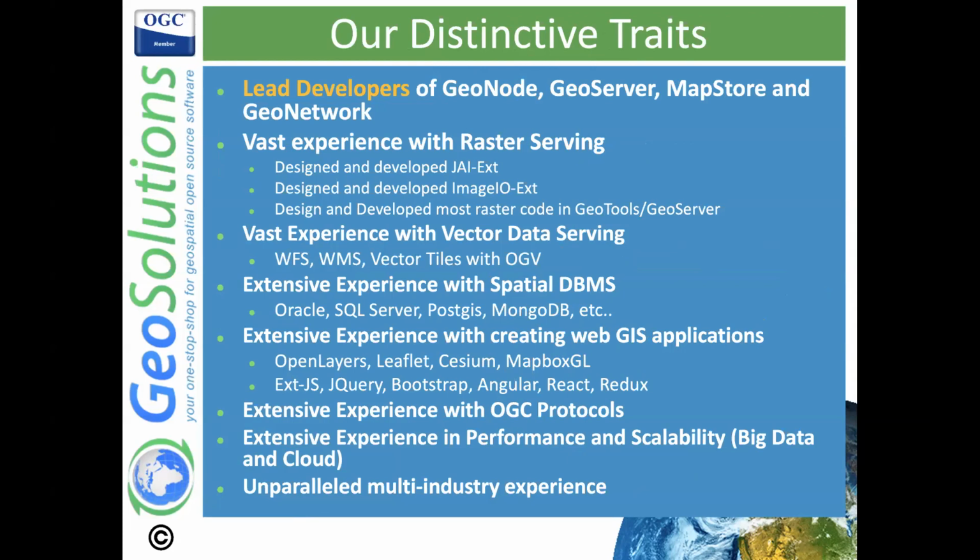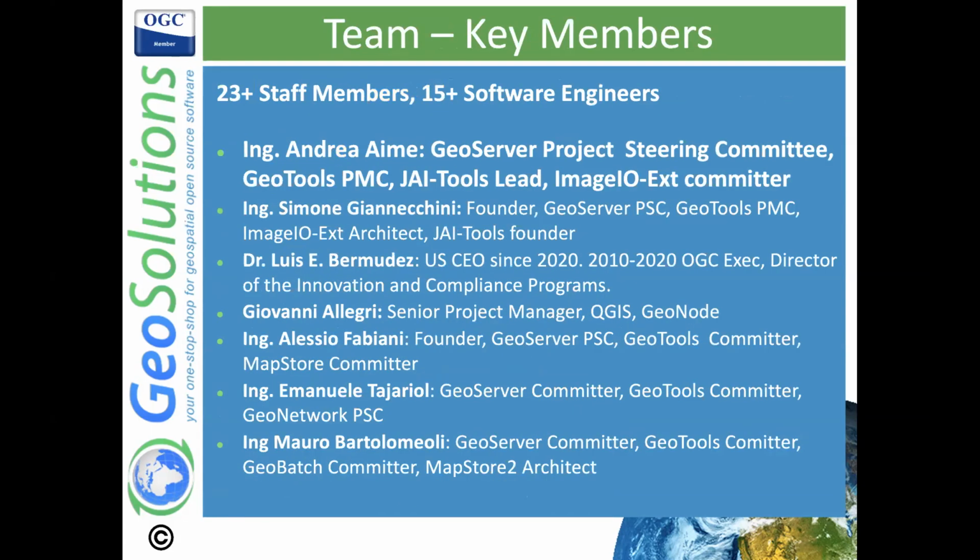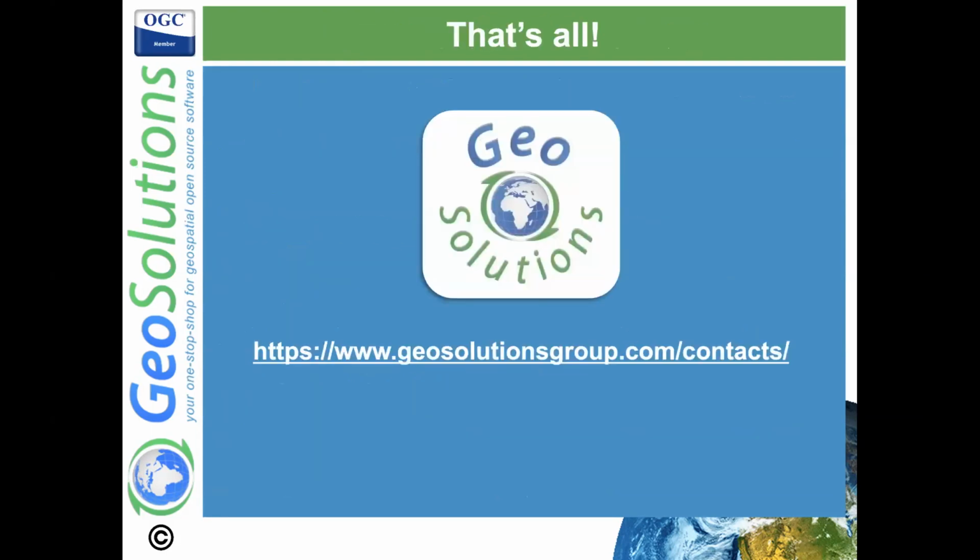We have vast experience in a lot of technologies related to geospatial data, raster, vector, spatial databases, and OGC protocols, and we have lots of customers where we have demonstrated that we can have these products in the cloud performing in an incredible way. We are about 25 staff members, mostly software engineers, and you can see here some of the lead people in our company. And that's all.